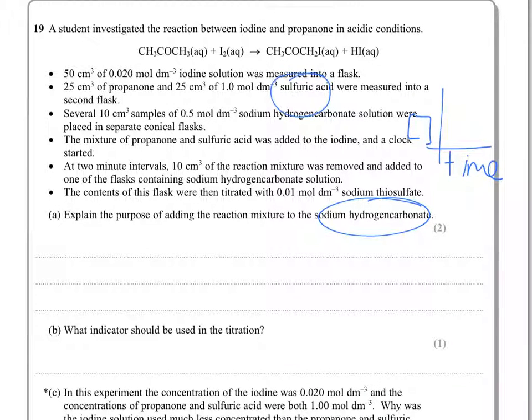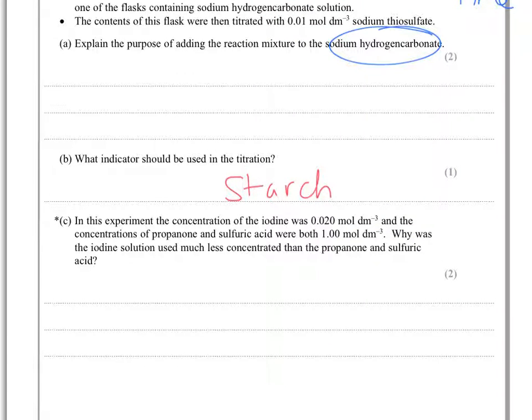This is quite a common example, iodine and propanone. Because you have iodine, a suitable indicator to use would be starch. In part C, you have propanone and acid at 1 mole per decimetre cubed, whereas the iodine is only 0.02. That means that your propanone and sulfuric acid are in excess.